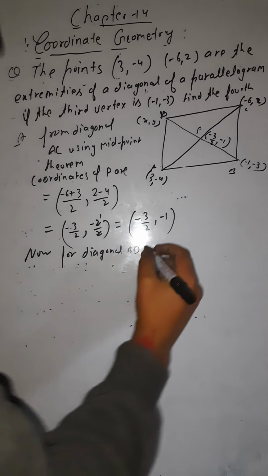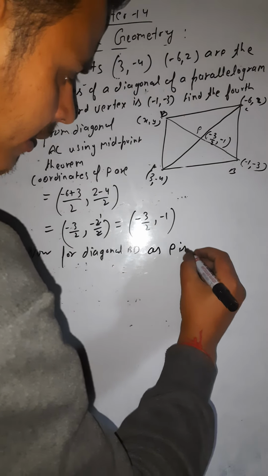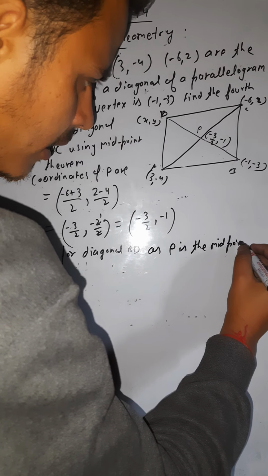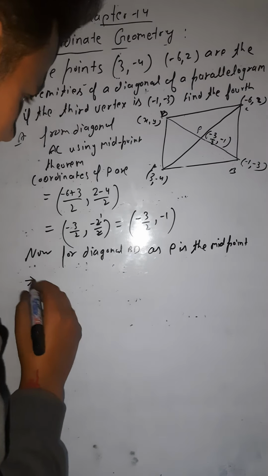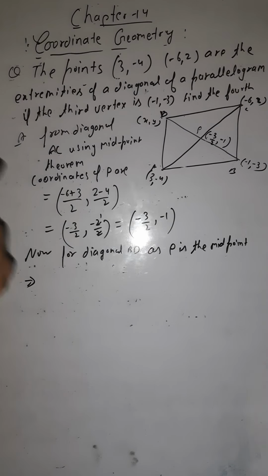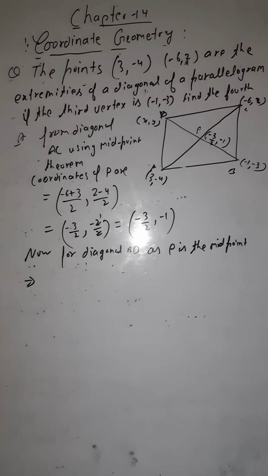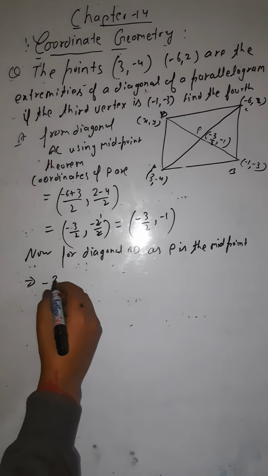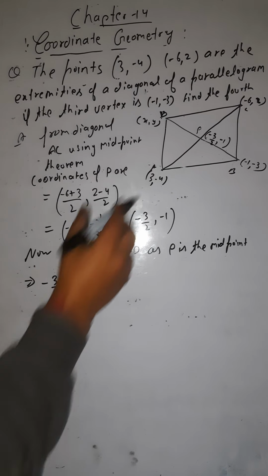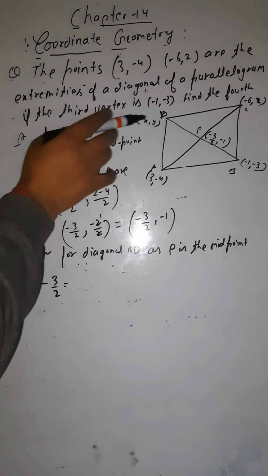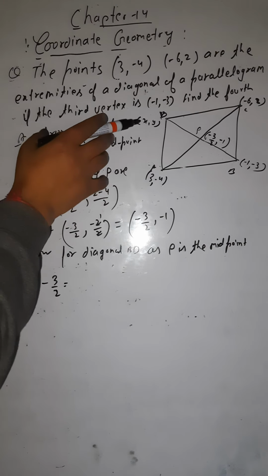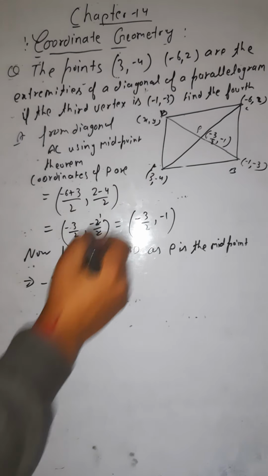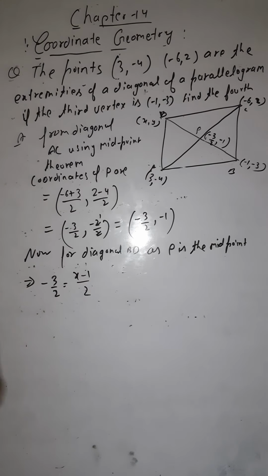The first coordinate of P is minus 3 by 2, so this minus 3 by 2 should be equal to x plus minus 1, divided by 2.